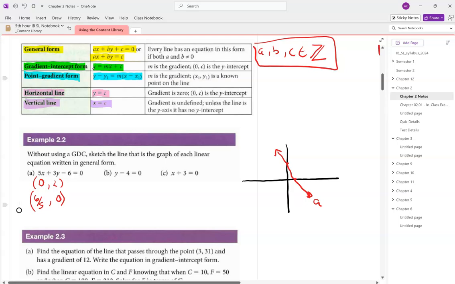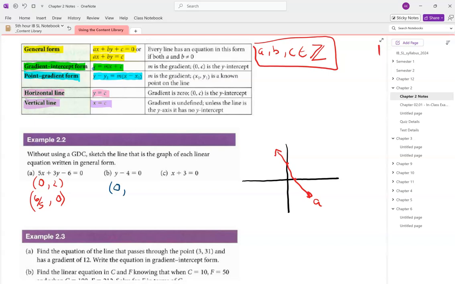Now for B, what do we notice here? What's different from A? There's only one variable. What is the variable? Y. Okay, so guess what that means for x? Can be anything we want it to be. It's a free variable. So let's just pick x to be 0.